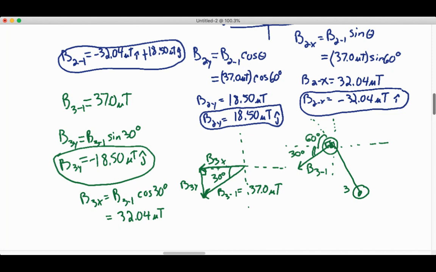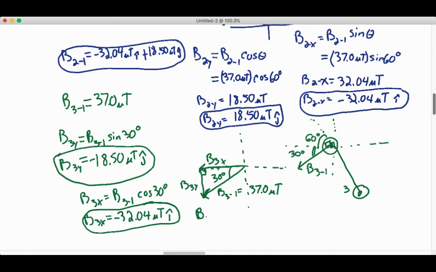This is going to the left. So this is actually minus i hat. So B3x is that. So we have all that. So if we put it all together, I've already written it. I'm just waiting for the computer to catch up. Okay.